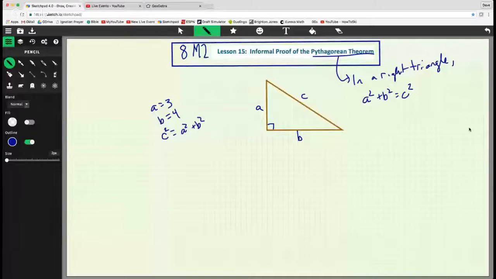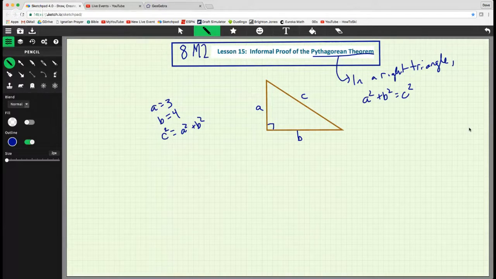All right, so this is an informal proof of the Pythagorean theorem. And the Pythagorean theorem, as you know from class, is in a right triangle, the sum of the squares of the legs equals the square of the length of the hypotenuse.